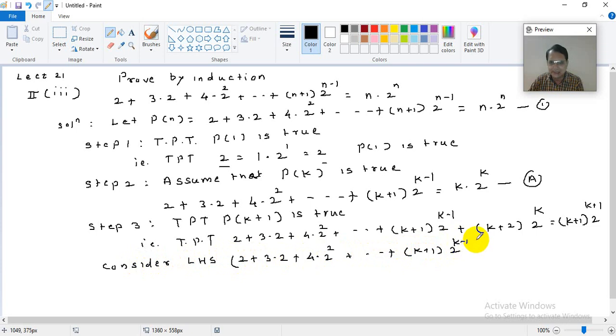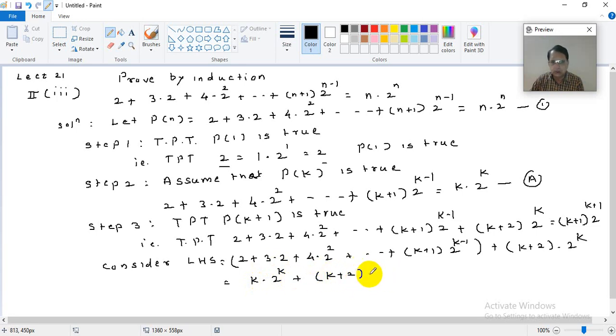Put all these things in a bracket, and outside the bracket k plus 2 into 2 raised to k. Now you can see that this bracketed part is nothing but the left hand side of a, correct? So using a, I can write this whole thing as k into 2 raised to k.